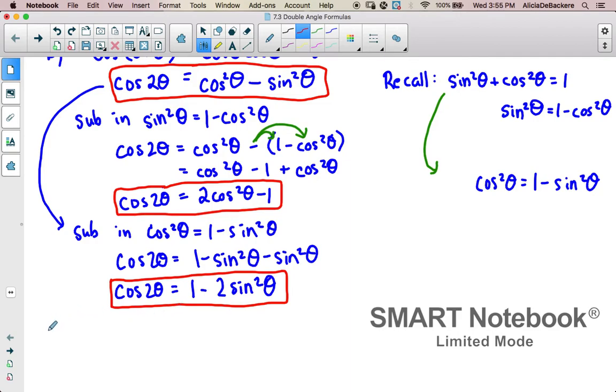All right, and then part C. In part C, we're going to take a look at what happens when I have tan.